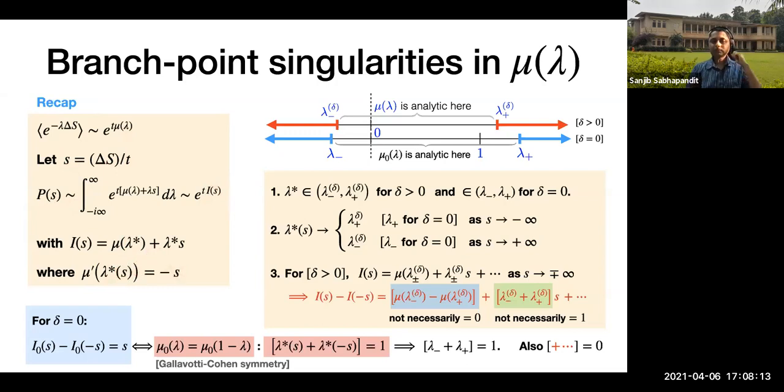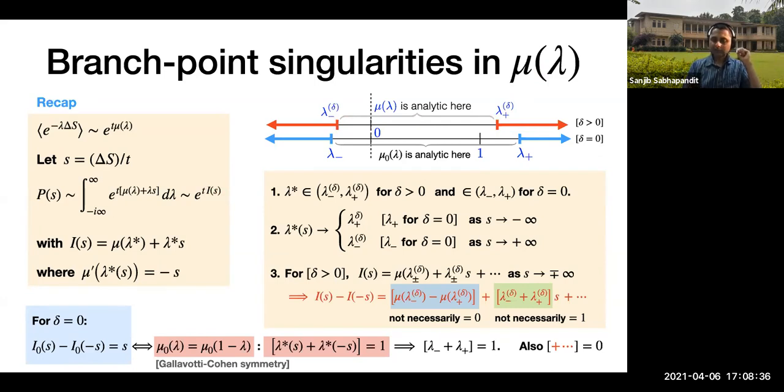Now suppose that your mu of lambda has branch point singularities. It is analytic within some region, and there are branch point singularities outside this. When you compute in terms of I, you have already assumed that you have taken time going to infinity.